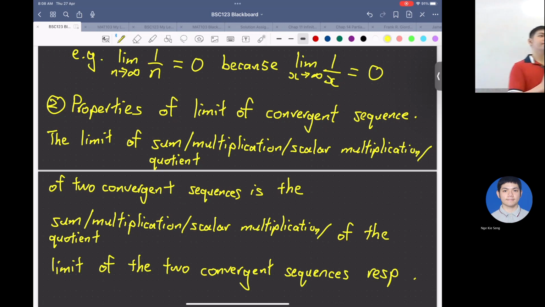Okay? So you remember the big table we saw last time? Yeah. So I summarize it in the word.